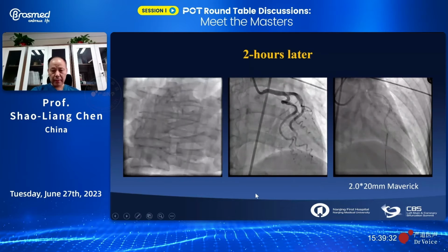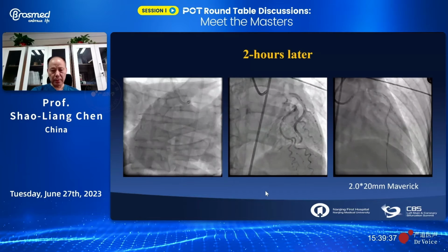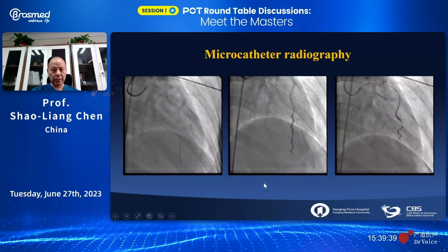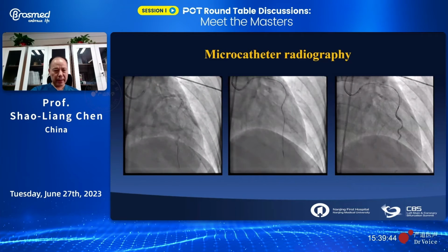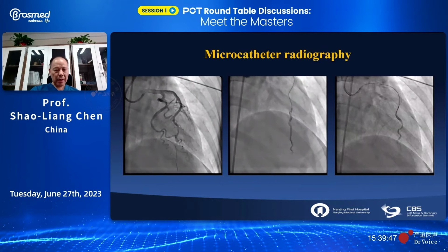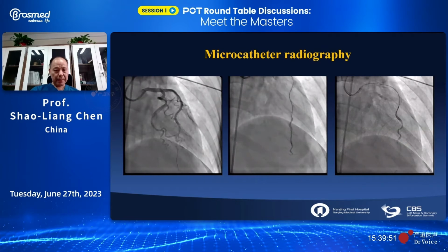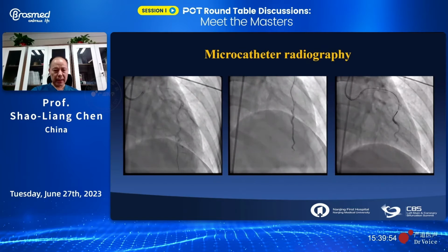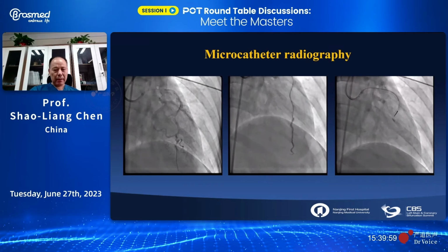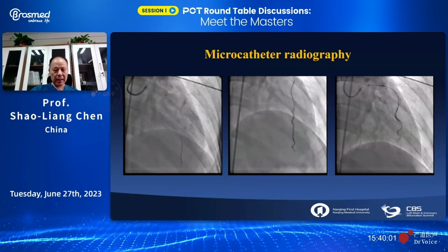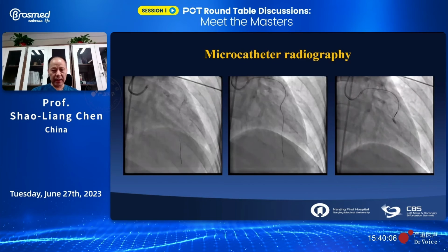So they used a 2.0 by 20 millimeter Mauric balloon, a semi-compliant balloon, to try to restore the blood flow of the LAD. After ballooning, from the left angiography, the blood flow from the proximal LAD to the middle part of the stent looks good, but there was very severe spiral dissection distal to the LAD stent. After that, my colleague exchanged the balloon using a microcatheter into the distal LAD.